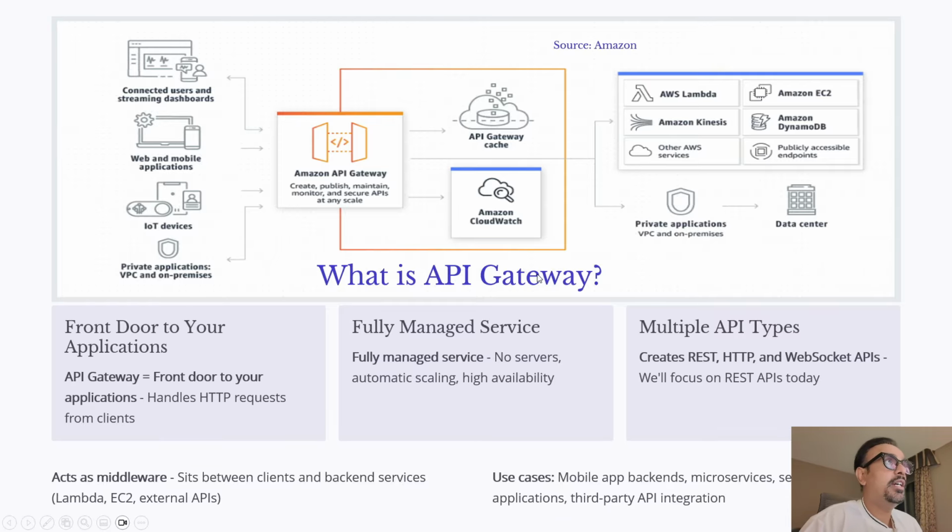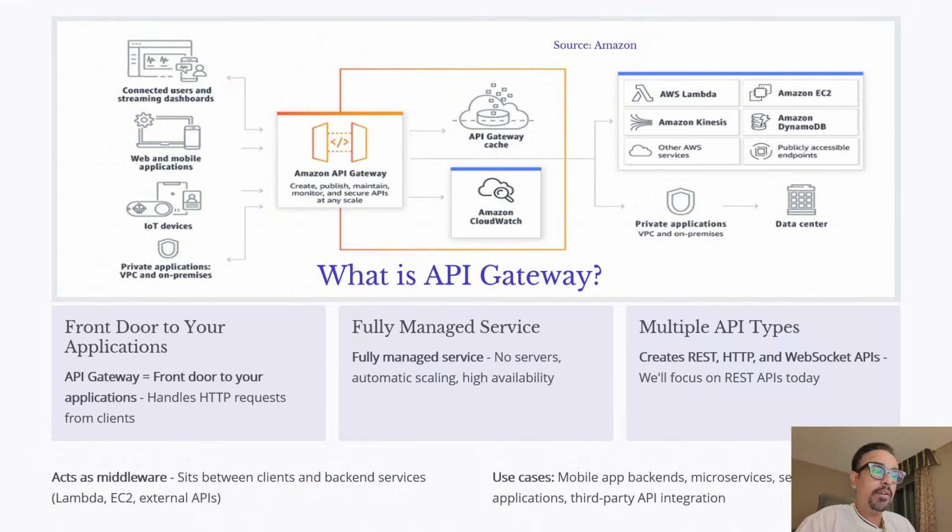It can also cache some data onto the API Gateway cache. So there are a lot of things which happen by using this front door, which makes your experience seamless. And as it is a fully managed AWS service, you don't have to manage any servers. It automatically scales and is highly available, and it can handle all the infrastructure behind the scenes.